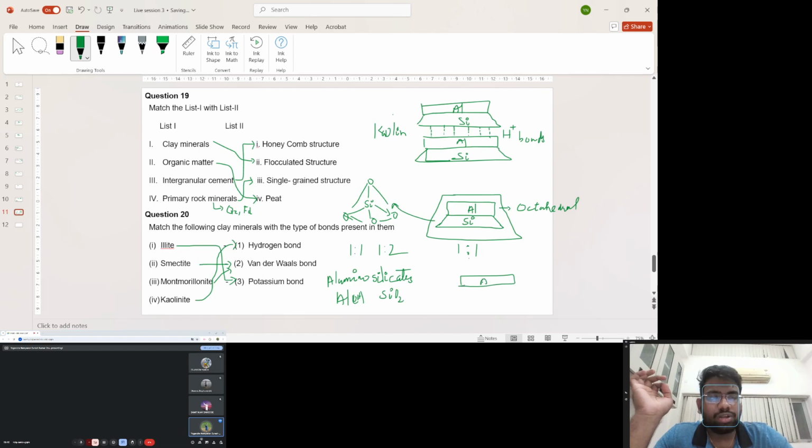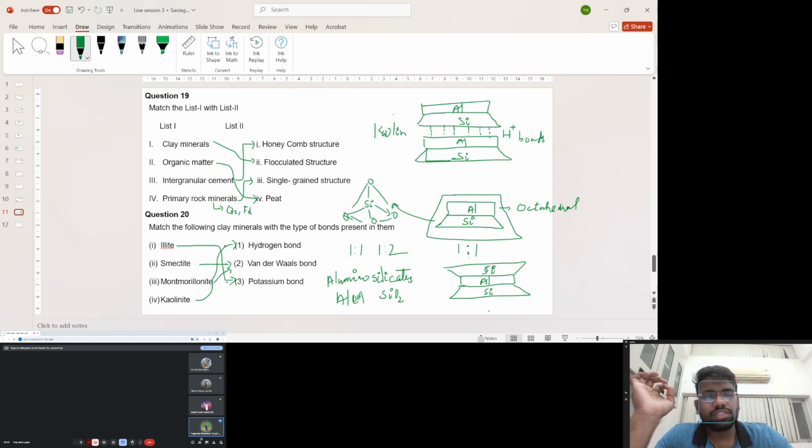That is, one aluminum sheet is sandwiched between two silica sheets.